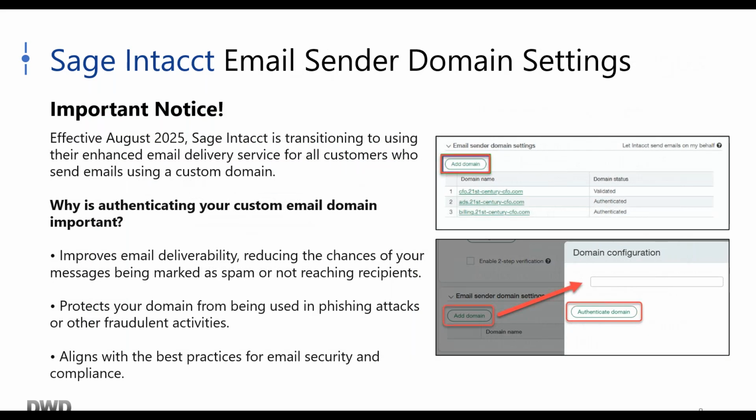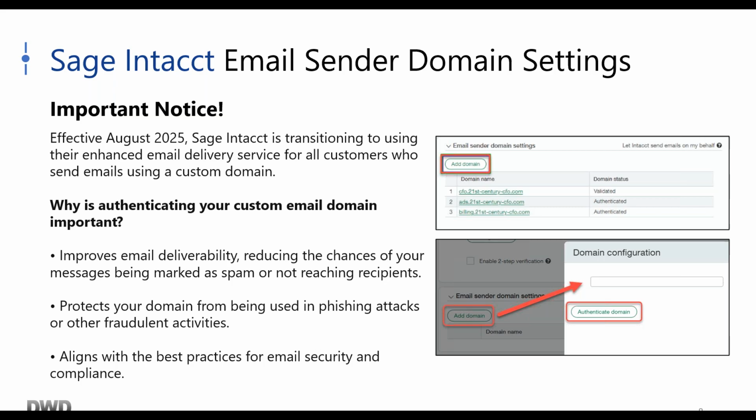One other change I'm going to mention here as we get kicked off, if you have a custom email domain that you use, such as ours might be dwdtechgroup.com, and you want emails from the software to continue to come from that email domain and not the generic Sage domain, you want to make sure that you make the necessary changes in the software. They are moving to a new email delivery service. So it's going to require a few authentication and validation steps to take place.